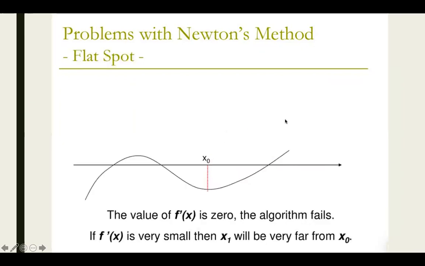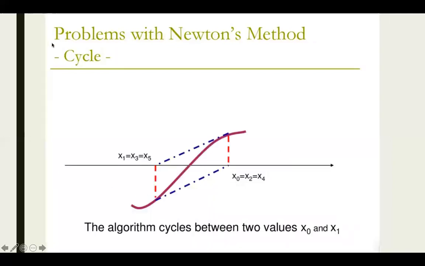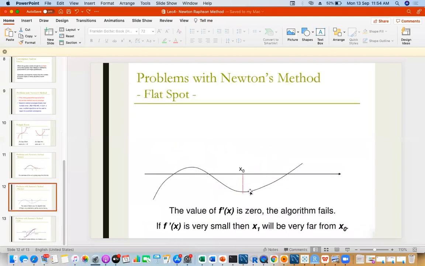Now for this function, if our initial guess is x naught and we try to find f dash of x here, let us just imagine the tangent will be horizontal, parallel to the x-axis, and here also we will get stuck.